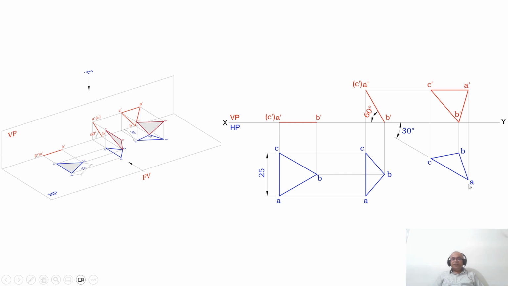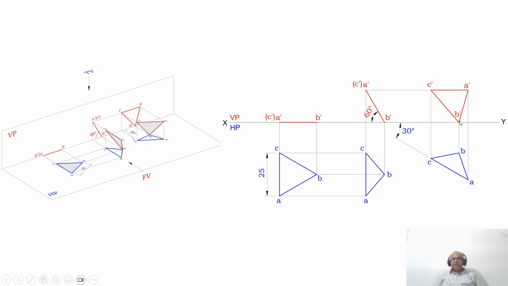with a dark line. Once you do that, then we need to project it. So draw a horizontal projector extending from B dash, and draw a vertical projector from B to the XY line, and you mark that point as B dash. Draw a horizontal projector from A dash and C dash, and draw a vertical projector from A and also from C. Both these two lines will intersect at these 2 points, and you mark that point as A dash, and this point as C dash.